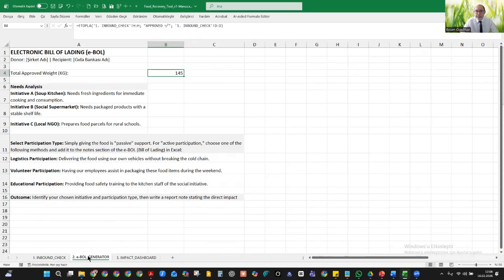This mathematical equation forms the basis of the electronic bill of lading, the e-bill, symbolizing the transparency and traceability of the donation process.